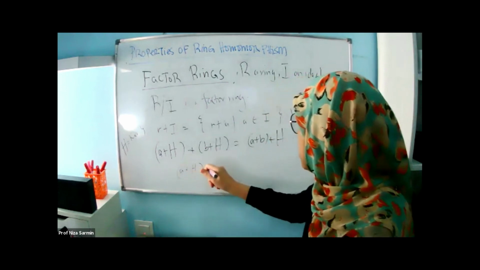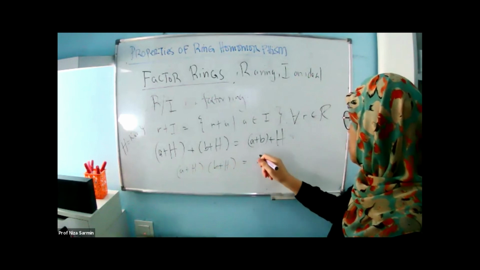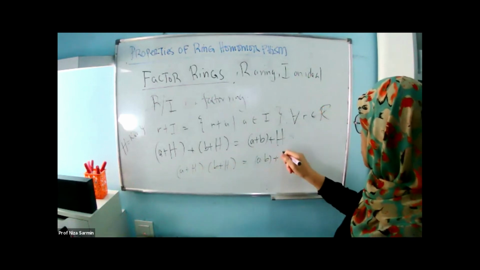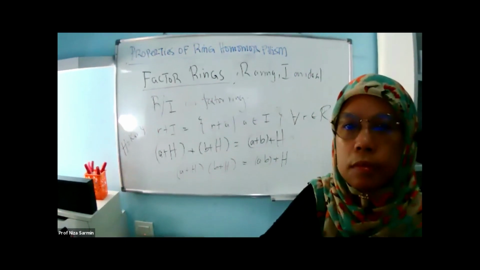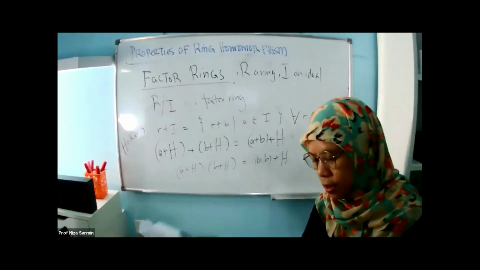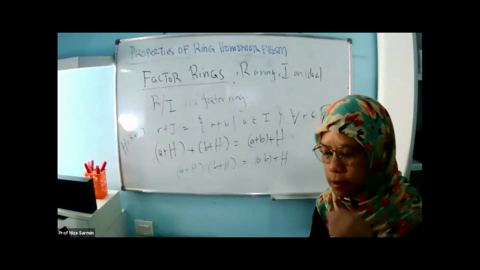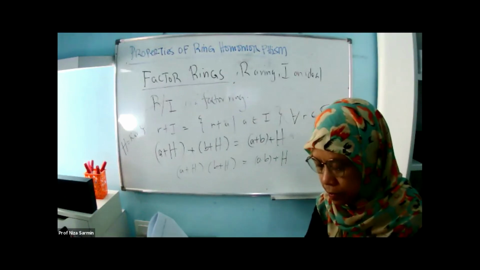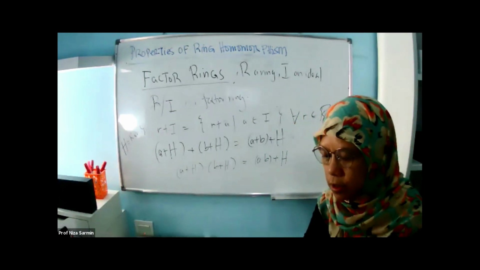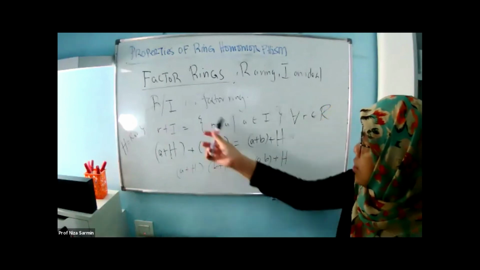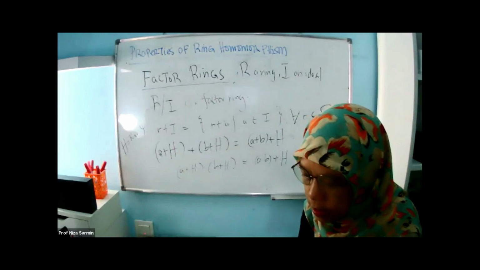When we multiply, it is equal to A dot B. Okay, so this is the definition of our factor ring.